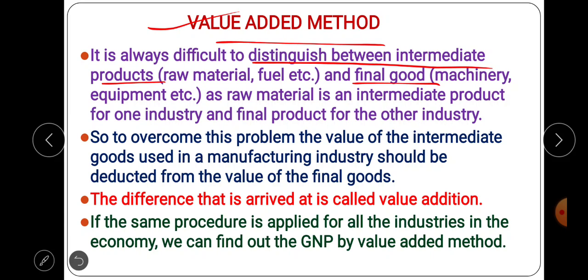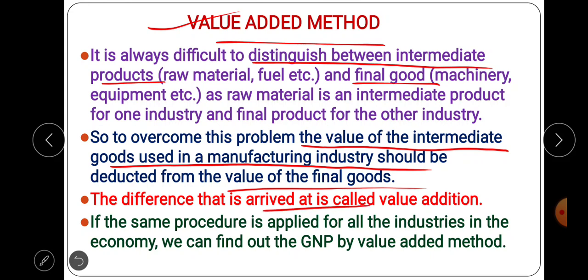Okay, so to overcome this problem, the value of the intermediate goods used in the manufacturing industry should be deducted from the value of the final goods. The difference that is arrived at is called value addition.